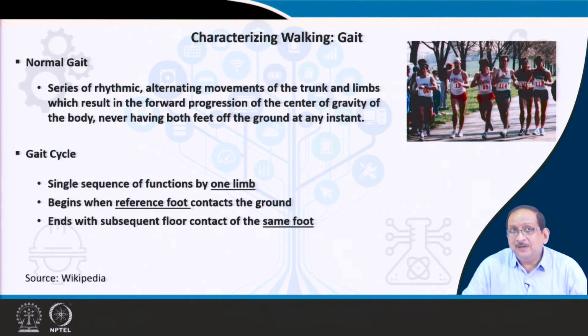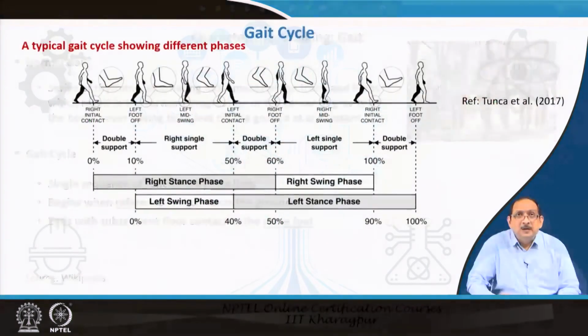A gait cycle, on the other hand, is a single sequence of functions of one limb. It begins when the reference foot contacts the ground and ends with subsequent floor contact of the same foot.